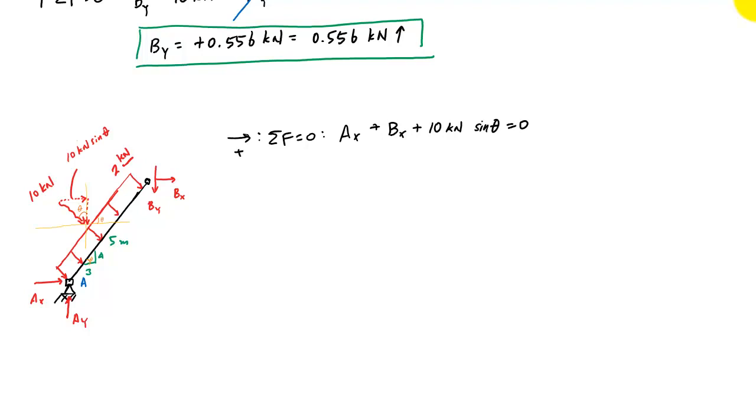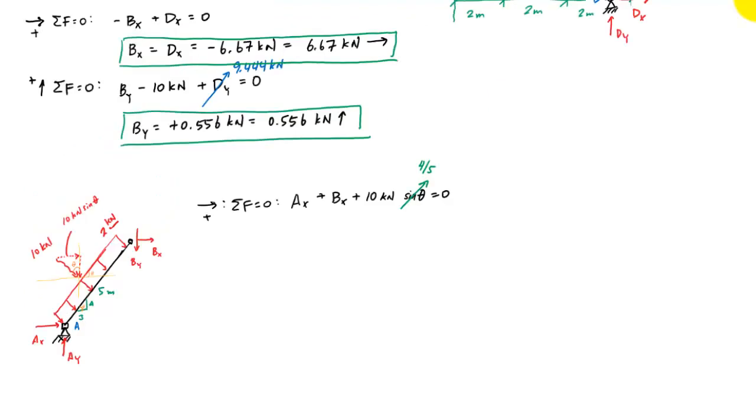And based on my 3, 4, 5 triangle, I know that sine theta is 4/5. And I knew that bx is negative 6.67. And so here, if I go ahead and I plug and chug, I would get ax is a negative 1.33 kilonewtons. And that would indicate I have 1.33 kilonewtons pointing to the left.